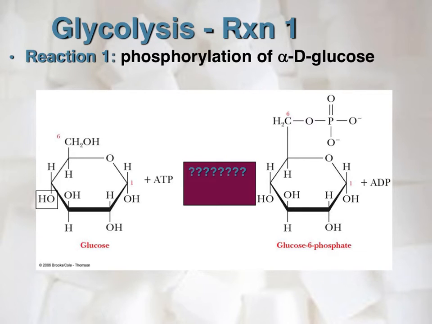Okay, but this is the very first step. We start off with the glucose. We make glucose 6-phosphate. It utilizes an ATP to put on a phosphate, and there's ADP that's kicked off. Okay.